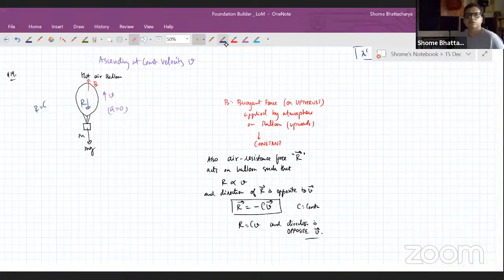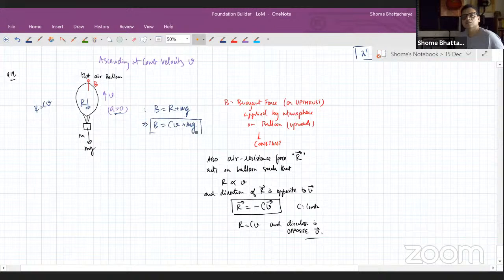Since it is ascending at constant velocity, acceleration is zero, so forces have to balance. So buoyant force has to be equal to CV plus mg. This is the equation we're getting from the first case.